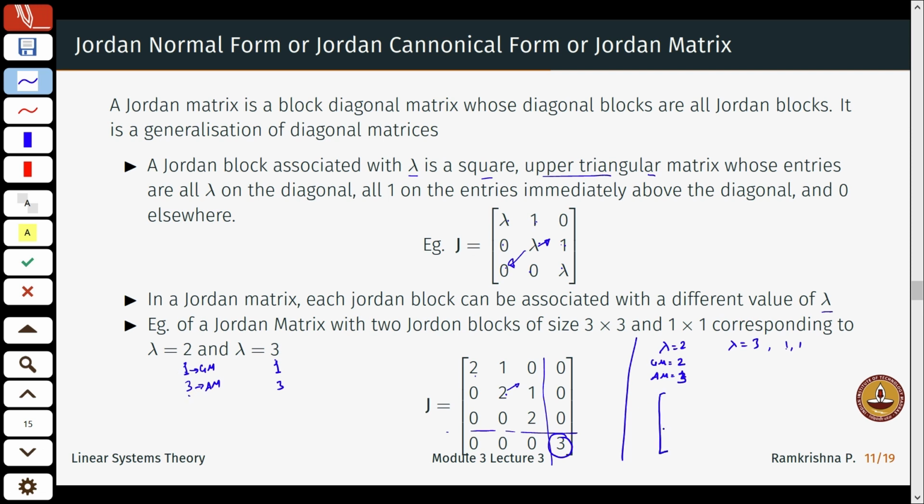In this case I will have a Jordan block that looks like 2, 1, 0, 2, 0, 0, 0, 0. This constitutes one Jordan block, because in total I have 2 independent eigenvectors from here and 1 independent eigenvector from the other. So I will have a 2 again here, and finally a 3 here, and all the others will be 0. Okay. I can still do it with, say, what if I have... okay, I will write it on this sheet here.